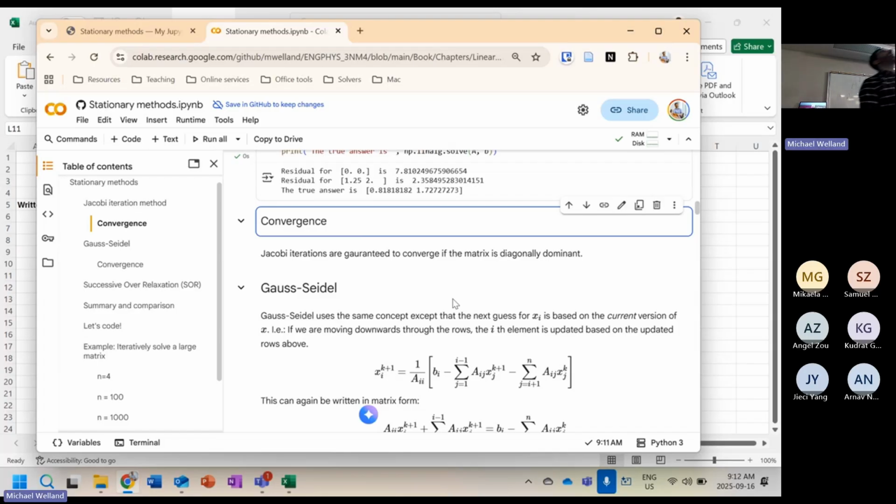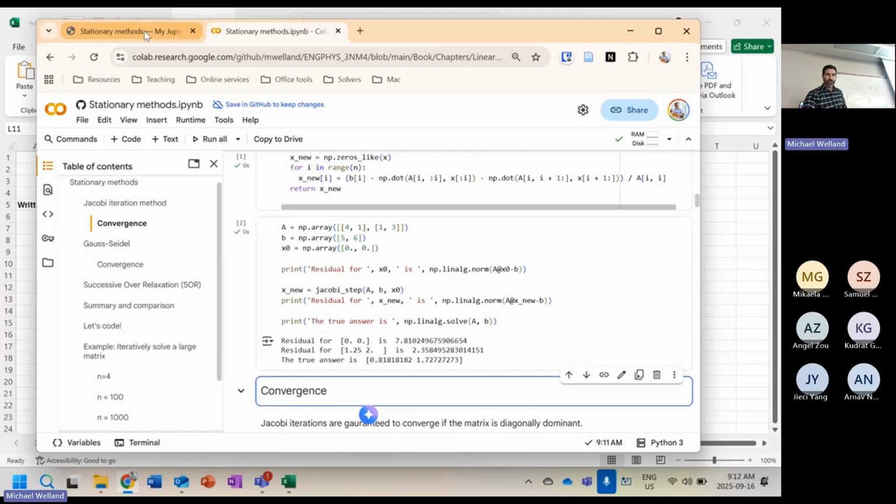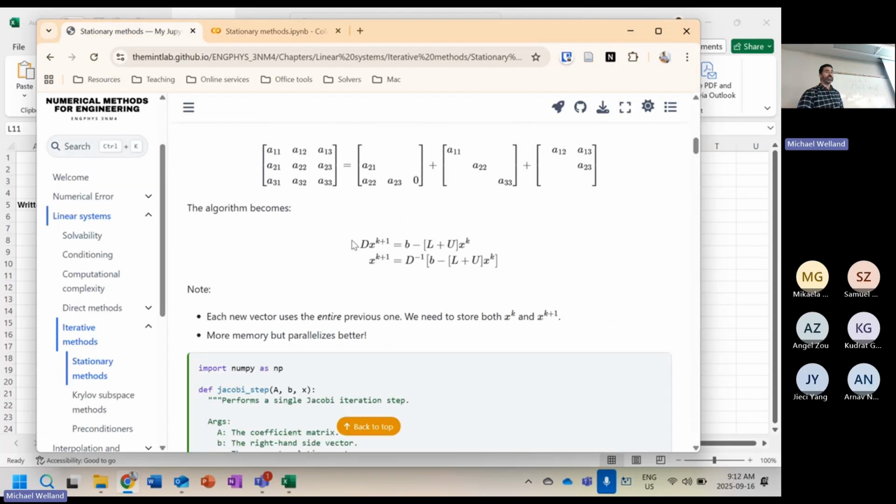Bingo. Absolutely. If you look at the update equation and note where your diagonal term is, and you squint your eyes a little bit, you can start to imagine why that property is useful. This is going to be your largest term by definition in that row.